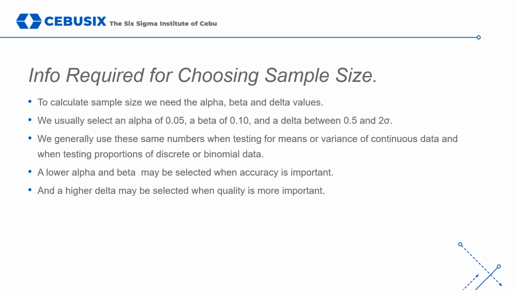The delta level is the practical difference the experimenter wants to detect using the test. The standard deviation is the estimated population standard deviation. We need to know whether we are dealing with discrete or continuous data, and we need to know which hypothesis test we will be using.